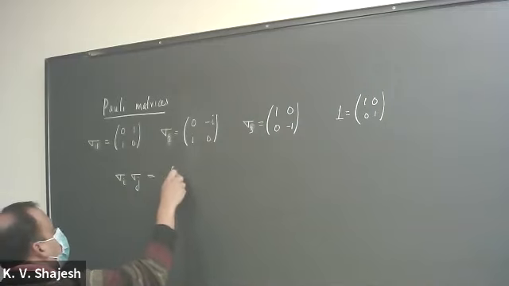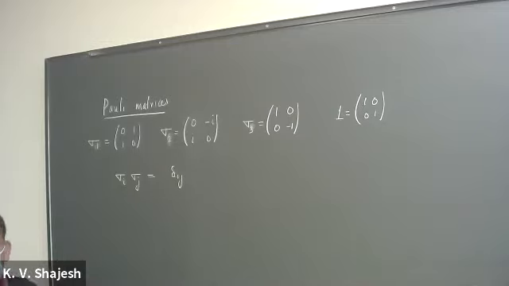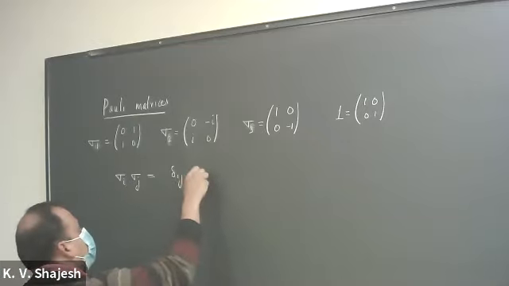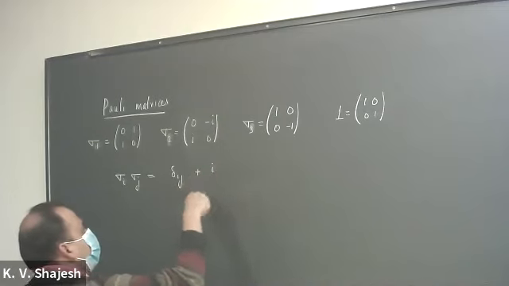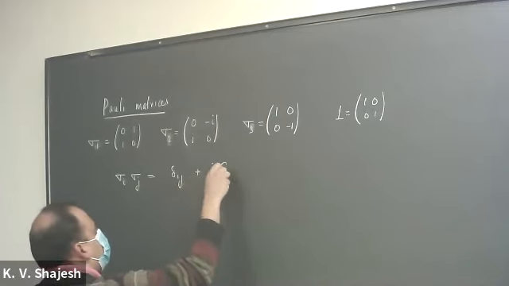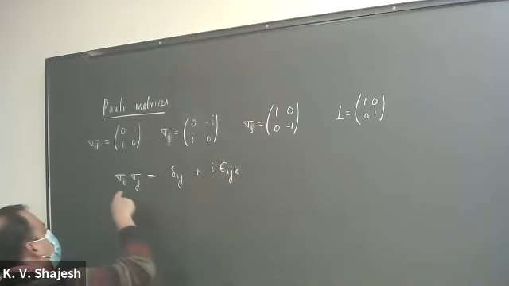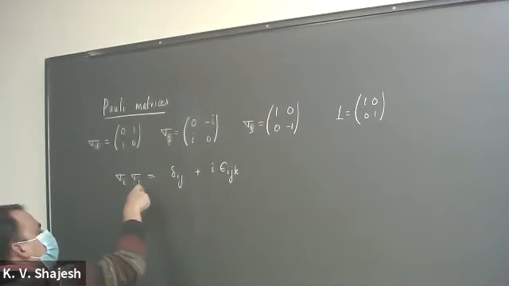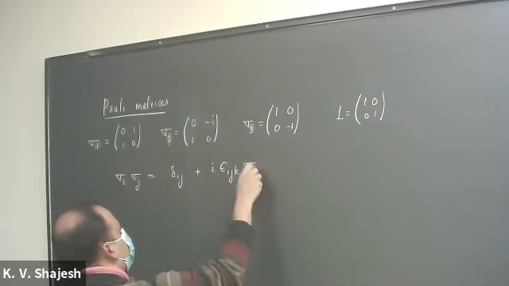So that's delta ij. That means if i is equal to j, that's equal to 1. But if it is not the same, for example, sigma 1 times sigma 2, then it is given by i, the imaginary square root of -1, times epsilon ijk. So there is a cyclic property. i is 1, j is 2, then only k equal to 3 can survive, right? So that's sigma k.